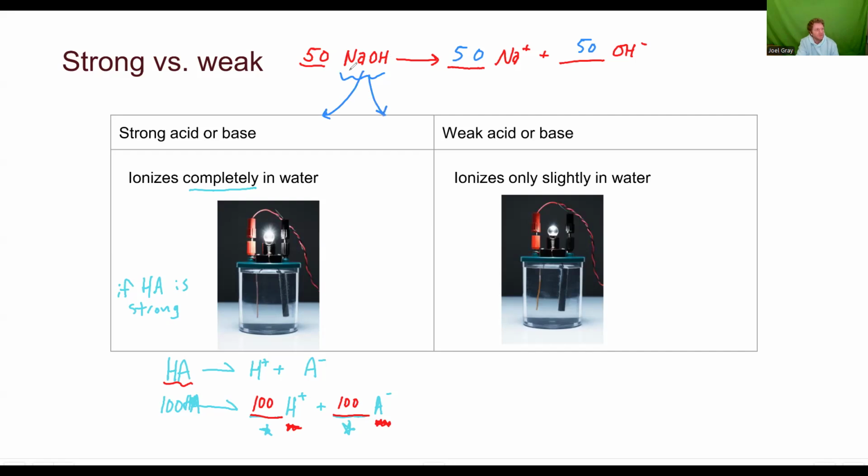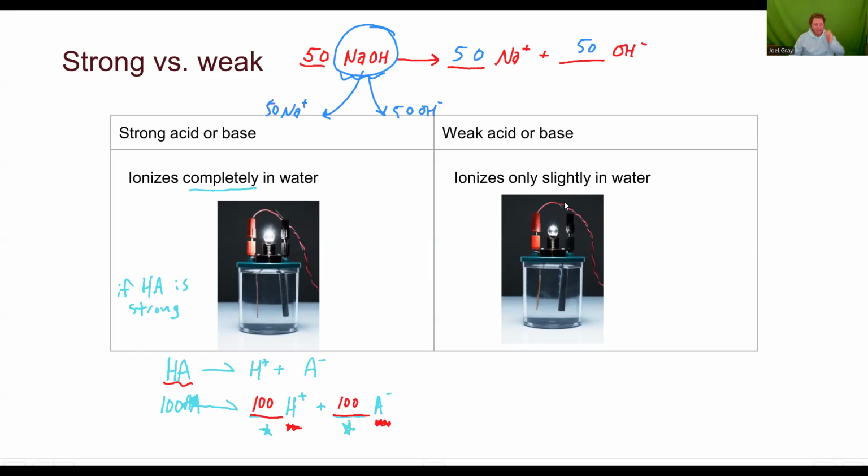If there are 50 of these right here, then you're going to end up with 50 Na plus and 50 OH minus, because they came together to make that one NaOH.